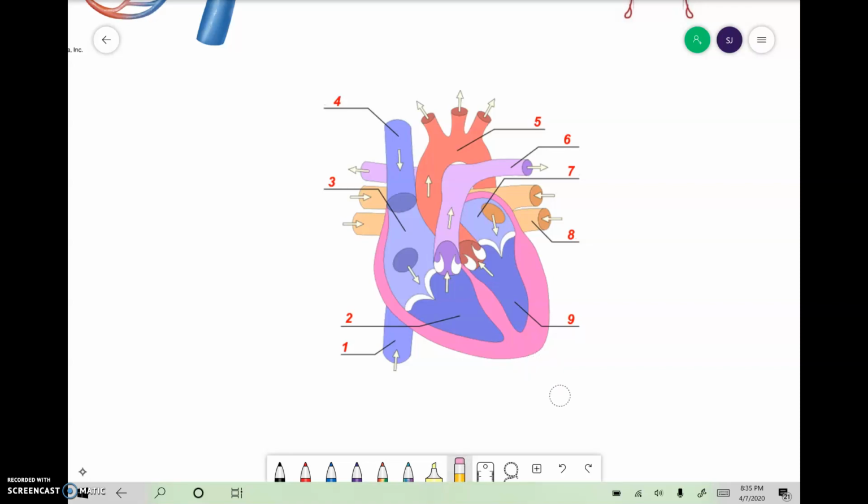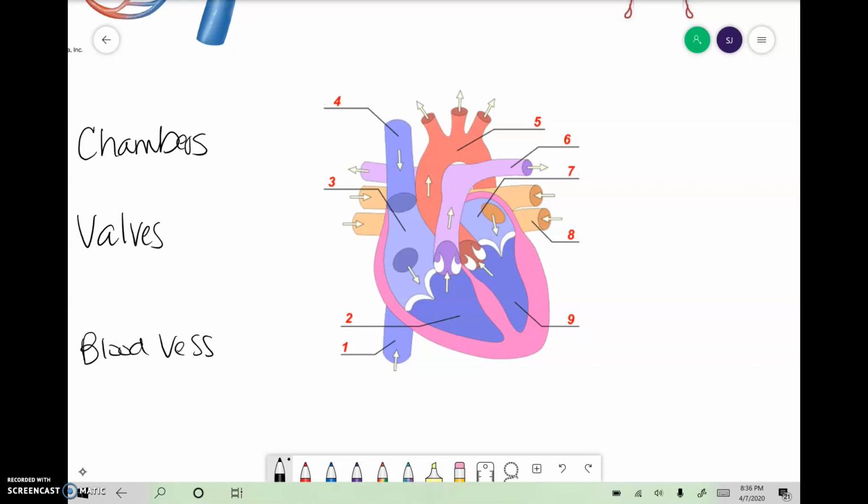Okay, but again, this is the pump for your body, and it consists of what are called chambers. It has valves, and it has blood vessels. Okay, now chambers are just like rooms. They're openings in the heart that collect blood and then push it through a blood vessel.